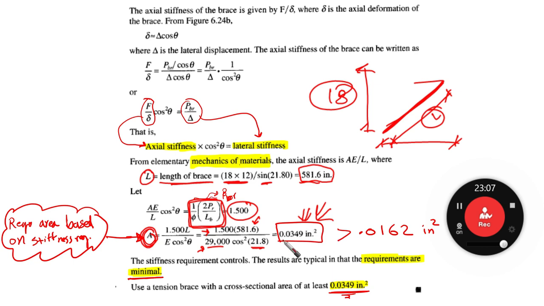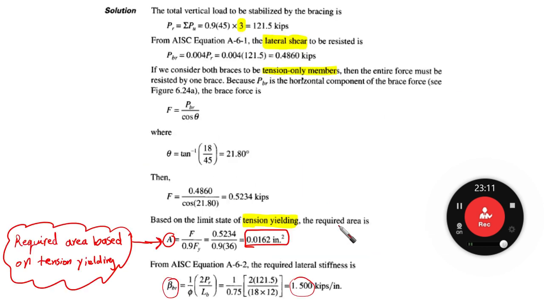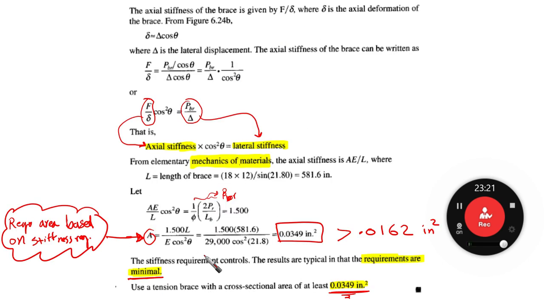This is the required area for us. As you can see, if we go back here, the required area here was 0.0162 based on lateral shear strength. However, the required area based on the lateral stiffness is 0.0349, which is larger than the lateral shear strength.